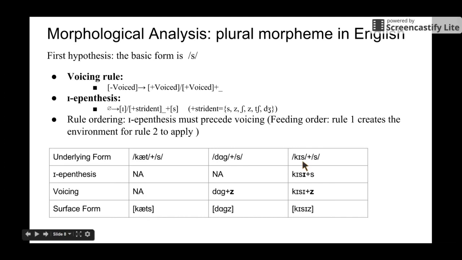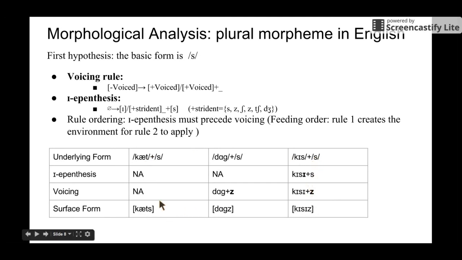So if we just have kisses, we are not going to have the voicing process because this sound is voiceless. So we could end up with something similar to this one, voiceless. A voiceless sound does not trigger the voicing process.